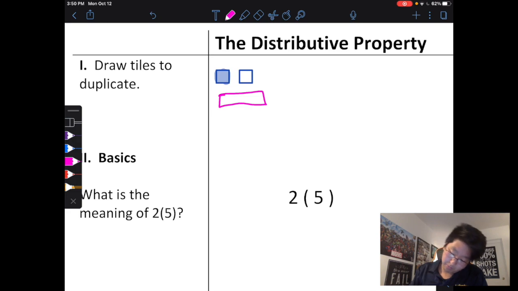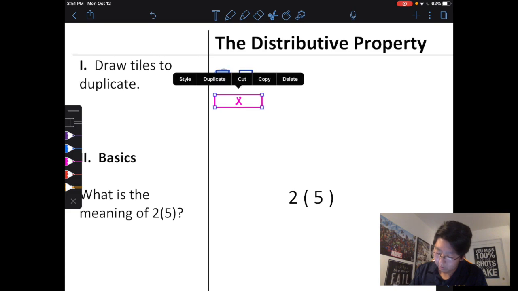Doesn't like me. Try again. X tile. There you go. Call that X. Shade that in. Let's make this a little bit narrower. There you go, not as thick. Shade it in.